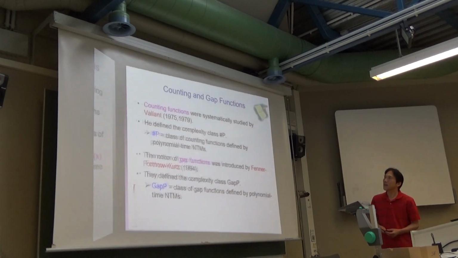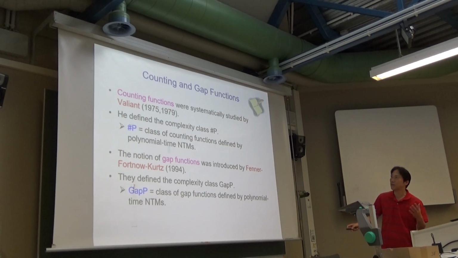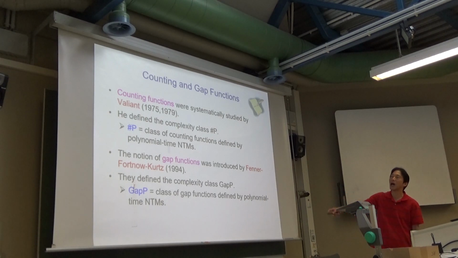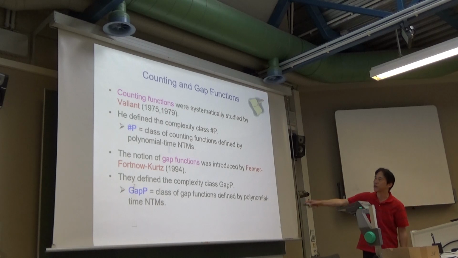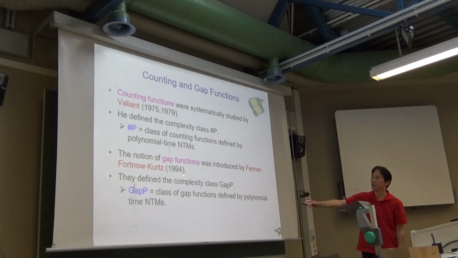Okay. Now, this is just a bit of historical background on the variant of the counting function that we just discussed, the gap functions. This is a little bit new. Fenner, Fortnow, and Kurtz introduced the notion of gap functions. Basically, this is the gap between two counting functions.